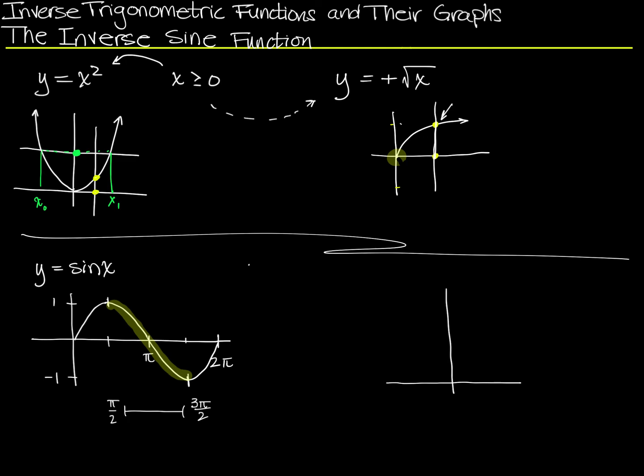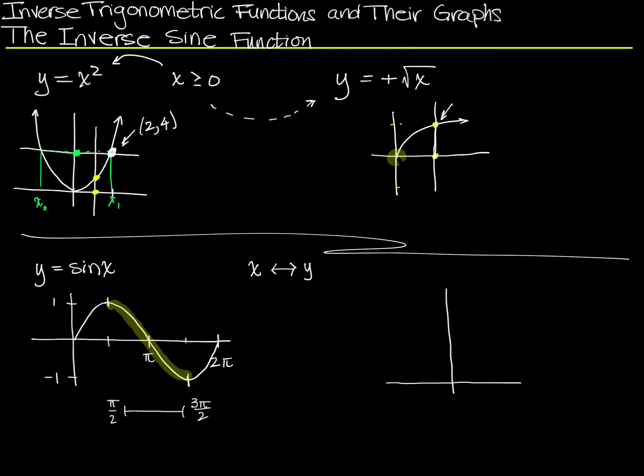Remember that what an inverse does is take the values you have for x and y and switch them. So up here, I might have the point, well, that's not a good example. Let's go with 2, 4. This point right here is 2, 4.